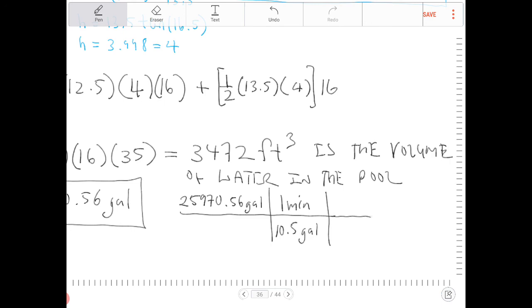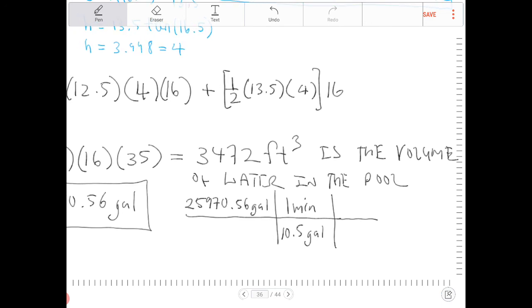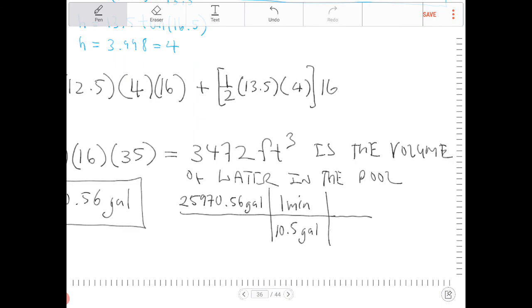I want the time at the end to not be in minutes, but in hours. So I know that there's 60 minutes in 1 hour. So this is what I'm going to be doing, right? The gallons will cancel out. The minutes will cancel out. The final number will be in hours. So I'm going to take that 25,970.56 and divide it by the product of 10.5 times 60.